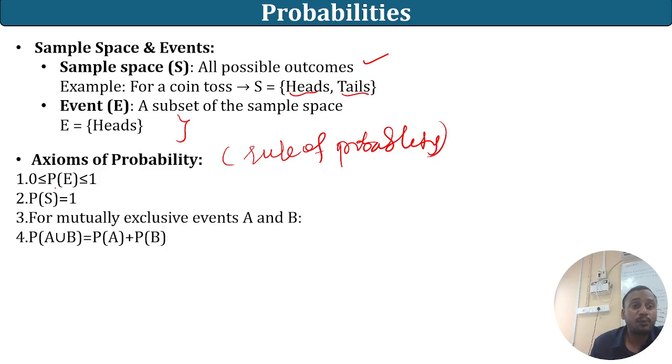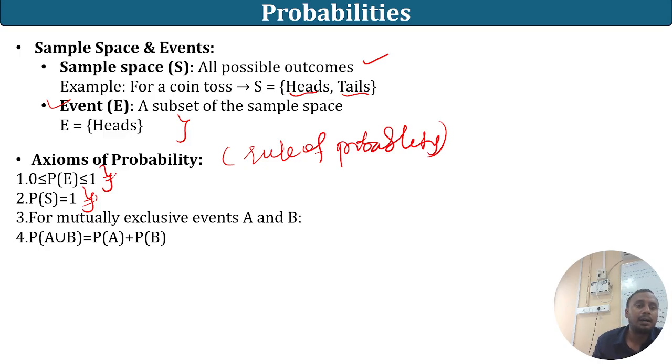For any event, the probability is going to lie from 0 to 1 itself. It can't go negative, or beyond one. The summation of all probabilities of the events is always one. It can't go beyond one.